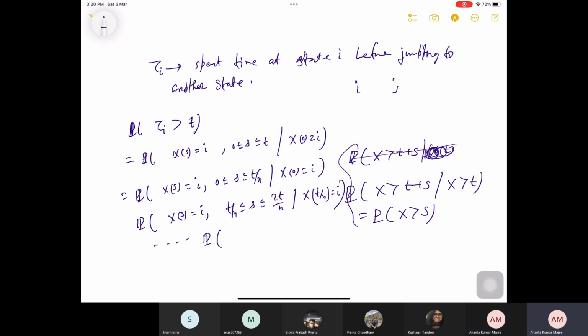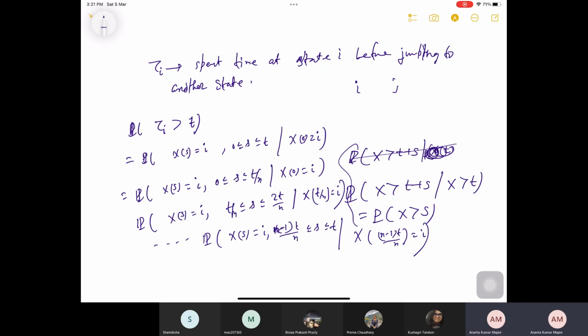The probability of x of s equal to i, for the last interval from n minus 1 times t by n less than or equal to s less than or equal to t, given x of n minus 1 times t by n equal to i. They are independent because the Markov property holds.